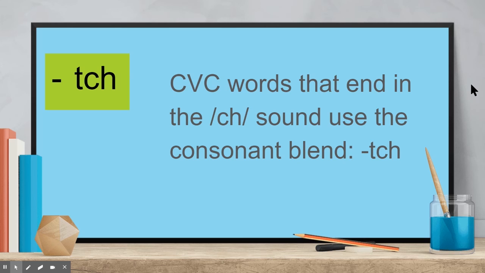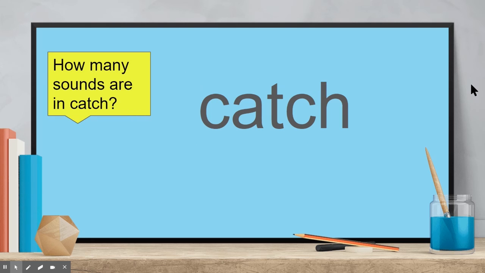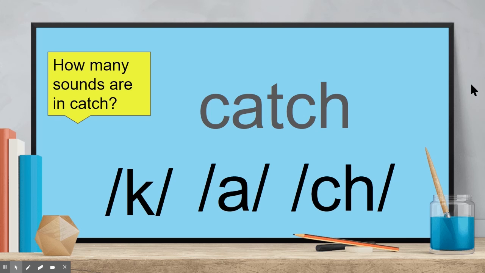It's not really a spelling rule, but tips for CVC words. And that tip will be that when the CVC word ends in a ch sound, we use a TCH ending. So that's how come catch is spelled with a T, even though you don't hear it. It's catch.